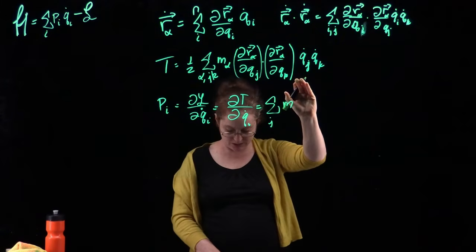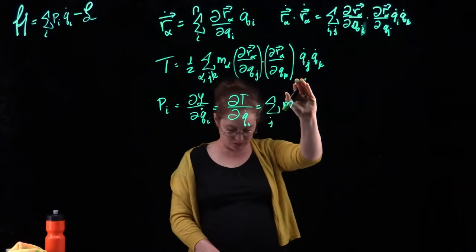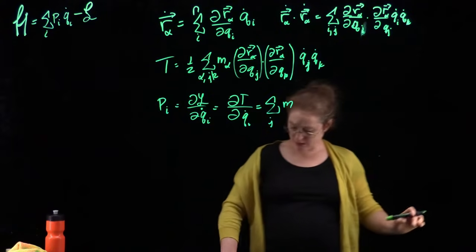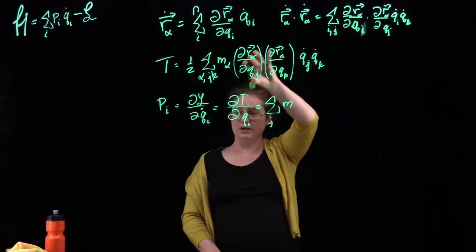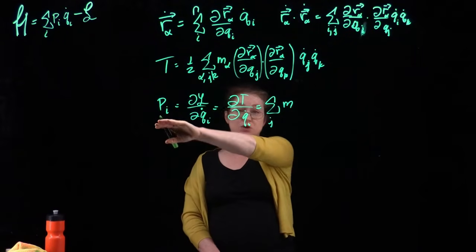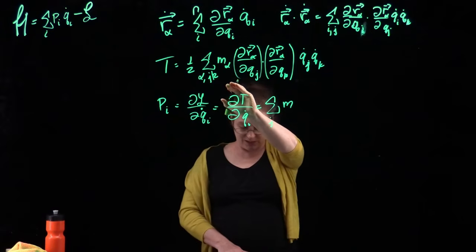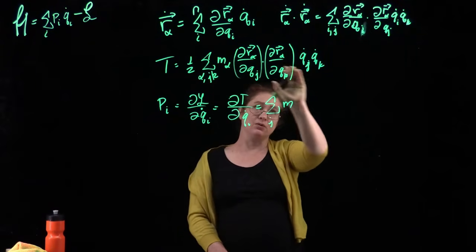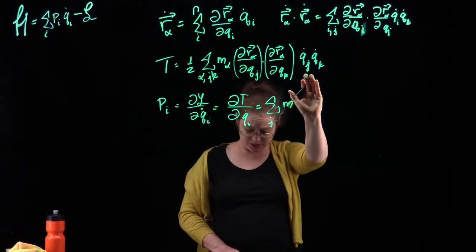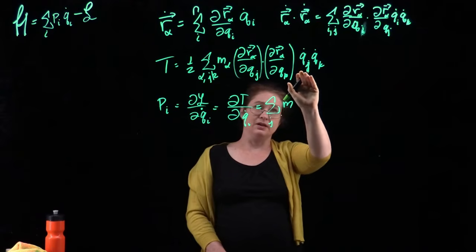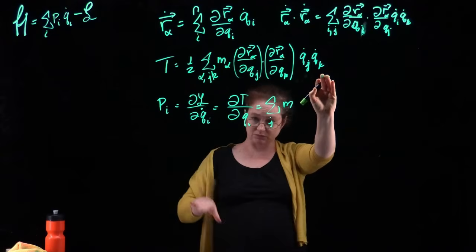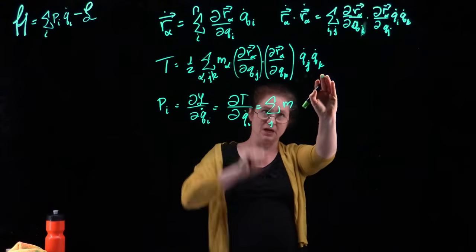Here, if I look at this, I am going to take the derivative of this. This is why it was important that I did j and k, because now I'm going to take the derivative of this with respect to the ith momentum, and I will only have a non-zero term where either this or that is the ith qi dot.